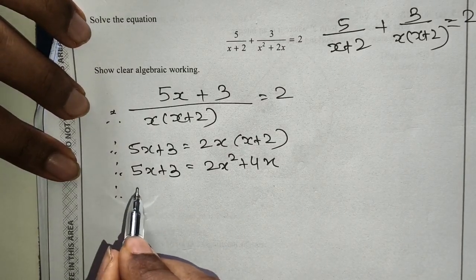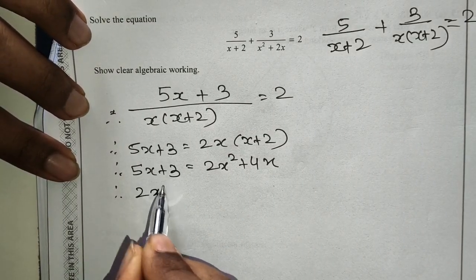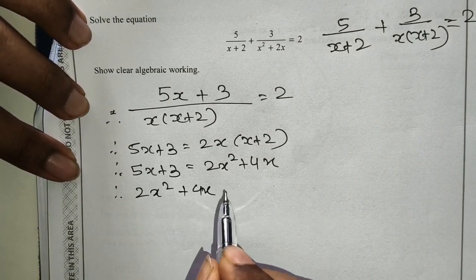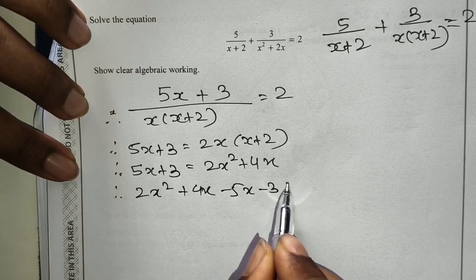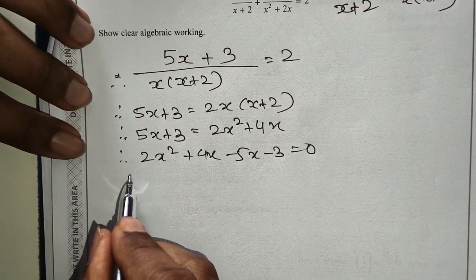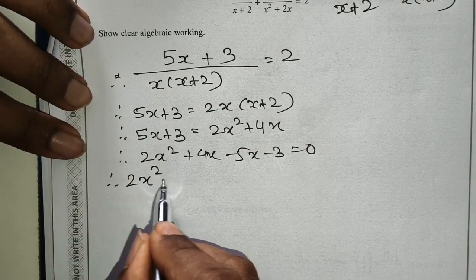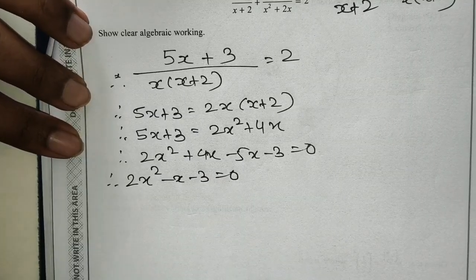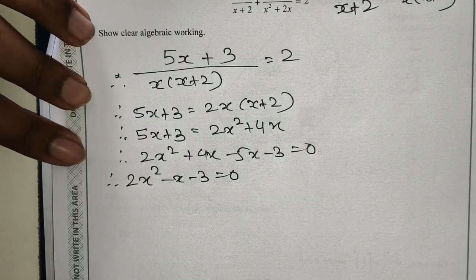Correct? Hence 2x square plus 4x minus 5x minus 3 is going to be 0. Hence 2x square minus x minus 3 is going to be 0. Correct?